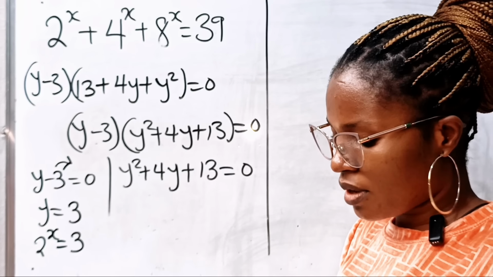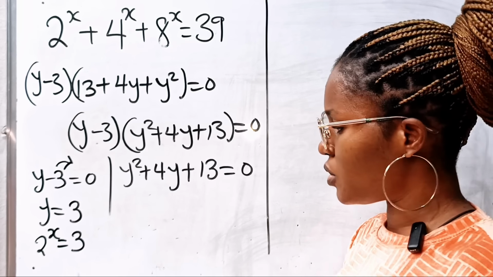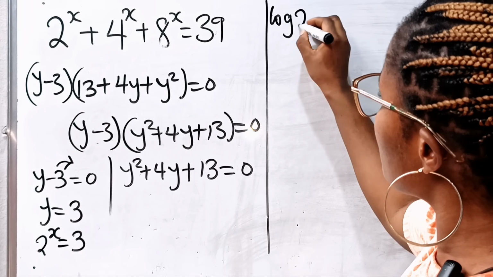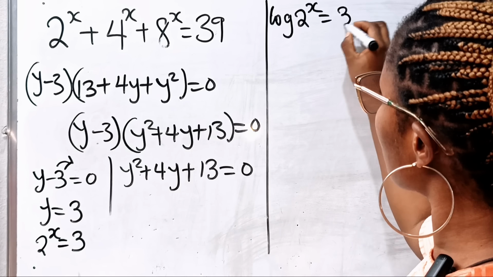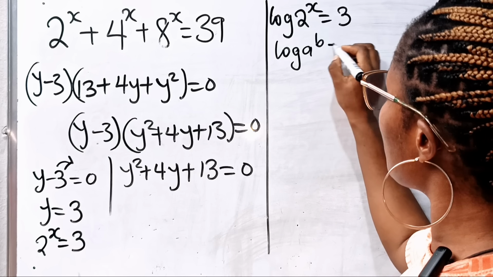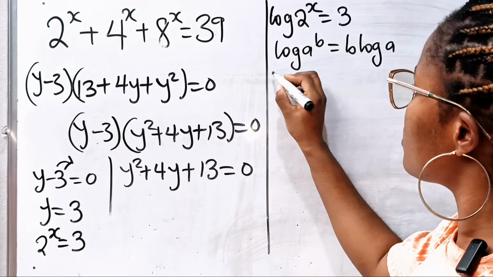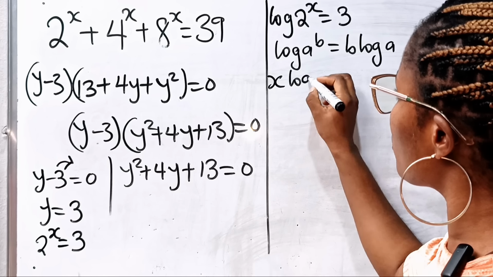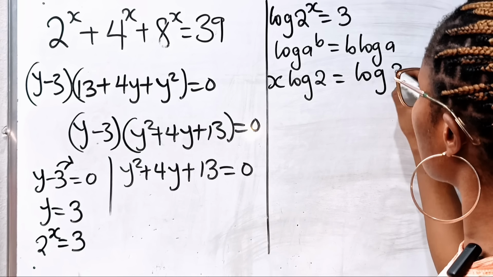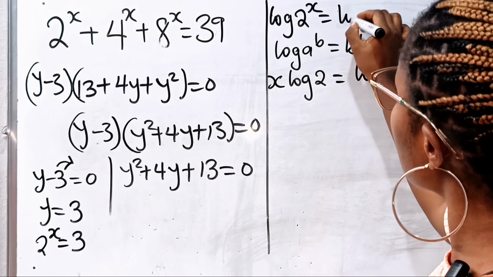And the only way to bring it down is to introduce log to both sides of the equation. So we have log of 2 to the power of x is equal to log 3. Sorry, I forgot to write log 3 here. Now remember that log a to the power of b is equal to b multiplied by log a. So this is x log 2 is equal to log 3.